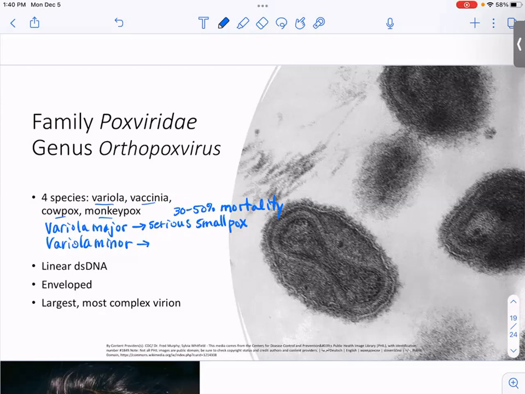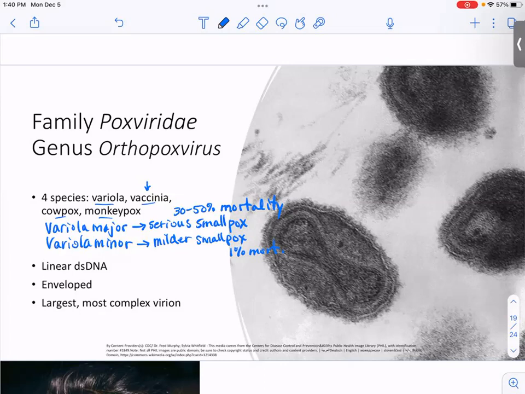It mutated a little bit to have a much milder form of smallpox with only about a 1% mortality rate. They don't really quite understand what happened to cause that, but it's kind of interesting.